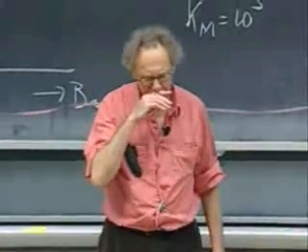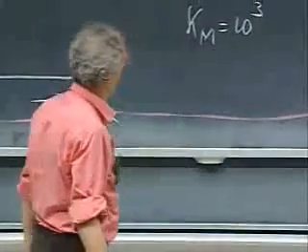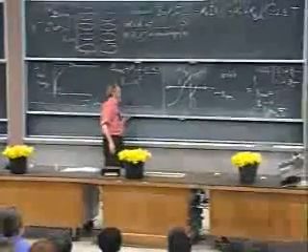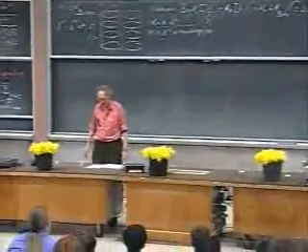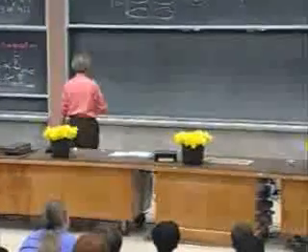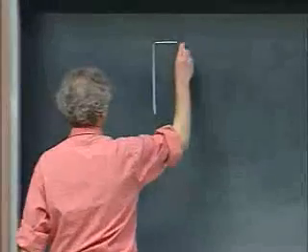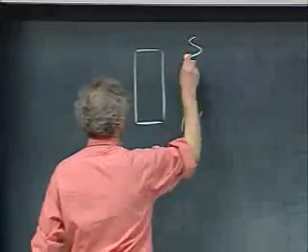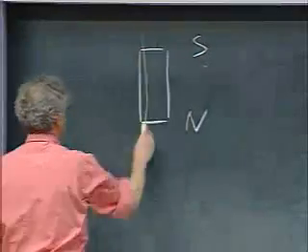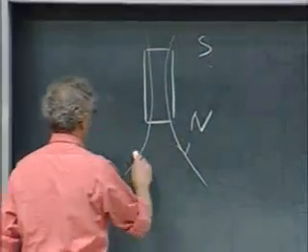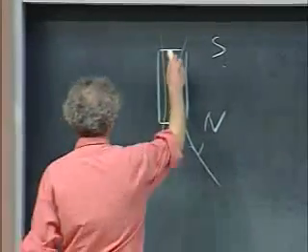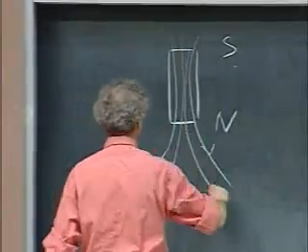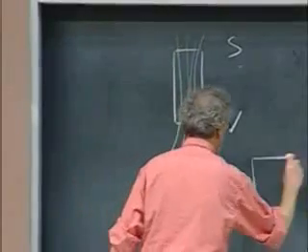If I bring ferromagnetic material in the vicinity of a magnet, I change the magnetic field configuration. And that's very easy to understand now. Suppose I have here a magnet, North Pole, South Pole, and the magnetic dipole field is sort of like this. And now I bring, in the vicinity, a piece of ferromagnetic material.